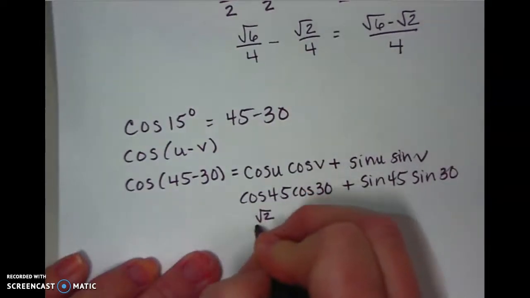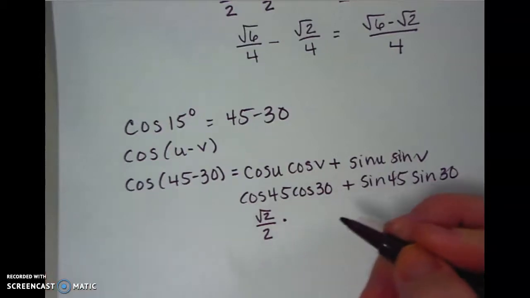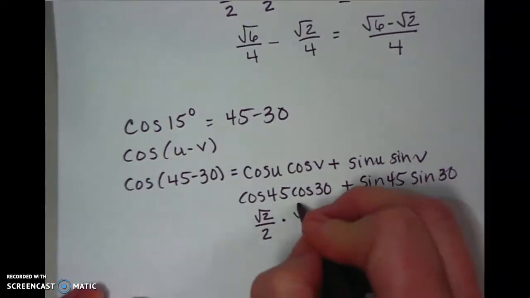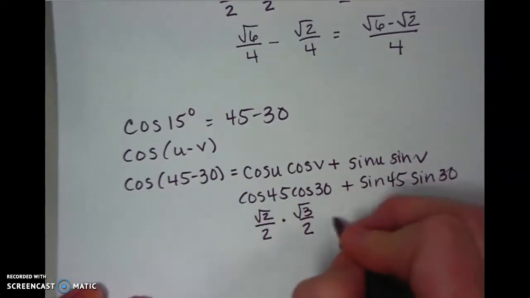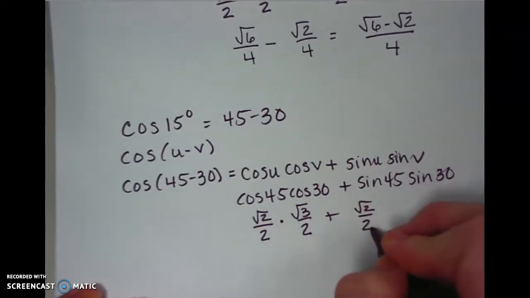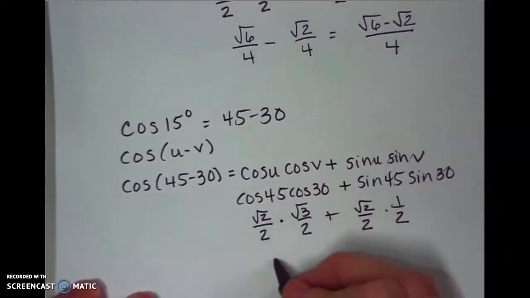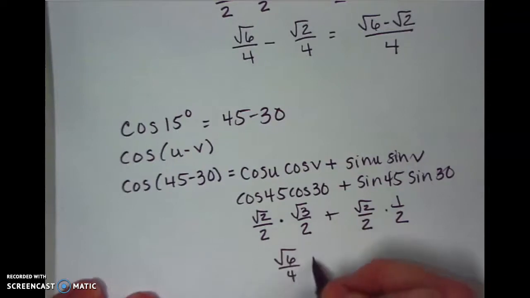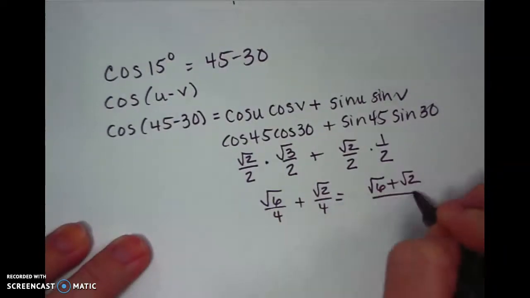Cosine is square root 2 over 2 at 45 degrees, and it is the square root of 3 over 2, plus the sine is square root 2 over 2 and 1/2. When we multiply these across, we get the square root of 6 over 4 plus the square root of 2 over 4, or square root of 6 plus square root of 2 all over 4.